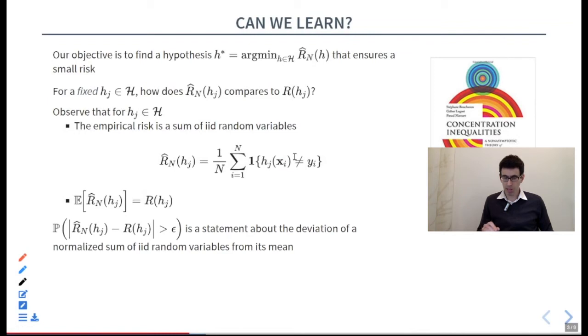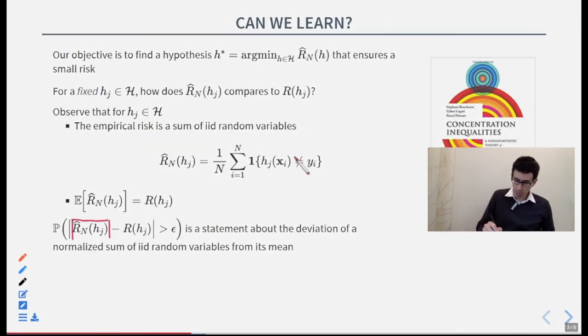Mathematically, the probability that the absolute value of the difference between r hat n of hj and r of hj is greater than epsilon, that probability is making a statement about a deviation of a very, very specific random variable. So again, just to be clear, and I'll do that for this lecture to avoid any misunderstanding, what is random, what is not random here?